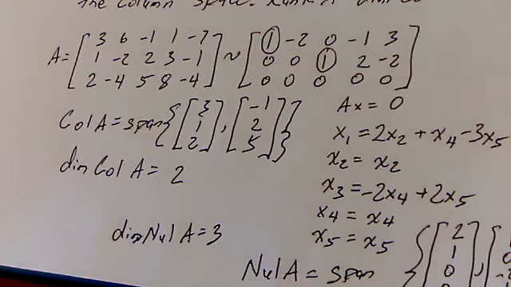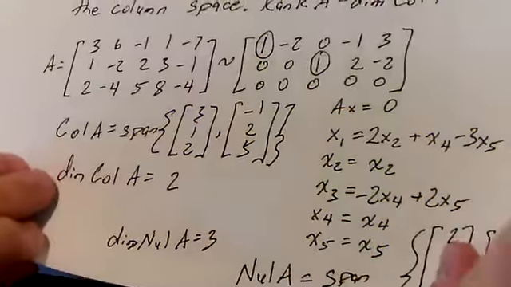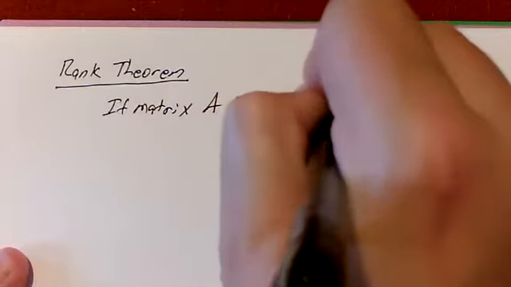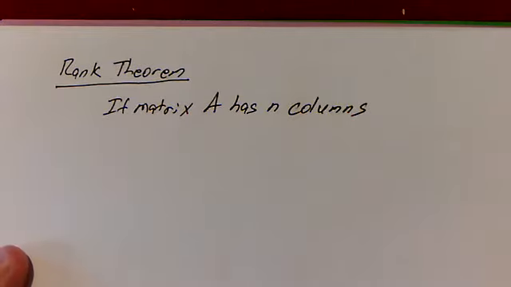So the rank theorem says that, I'll go to a new page here at the bottom of that one. The rank theorem says if matrix A has n columns, which is normal, right?